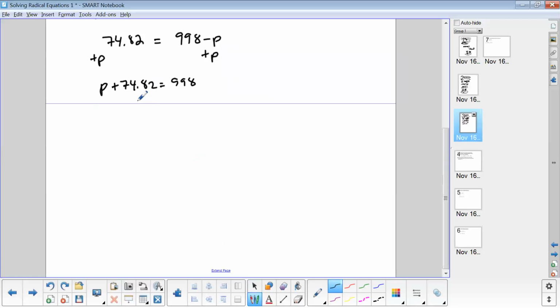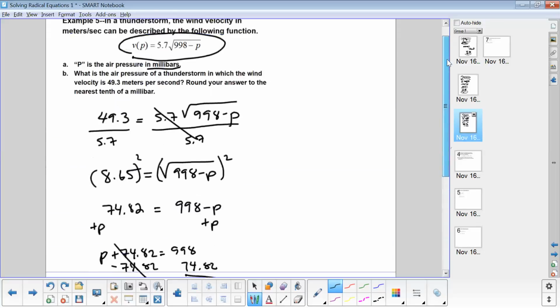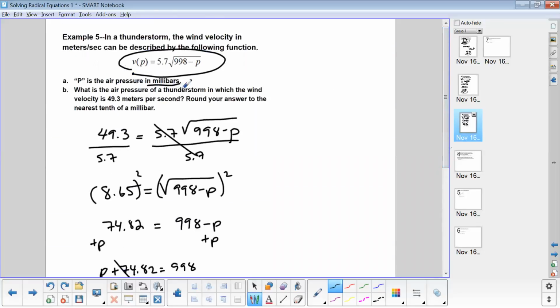And then I'm going to subtract, so I get p is equal to 998 minus 74 and 82 hundredths, and I should get about 923 and 18 hundredths, which would be millibars, which is an air pressure unit in regard to this formula where we know velocity. We're trying to figure out what the air pressure would be in millibars.